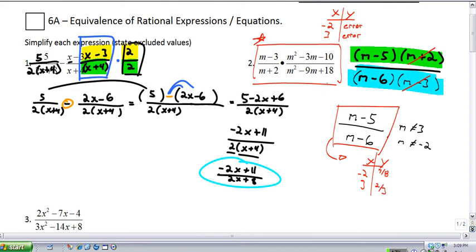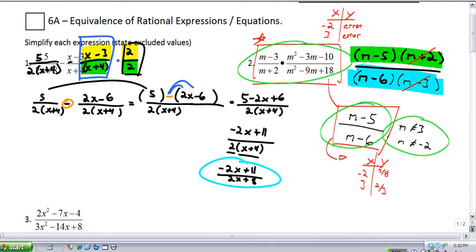Well, these guys can't possibly be the same if they don't produce the same tables, right? Correct. So the only way to say these two things are equivalent is to say they are equivalent as long as m doesn't equal 3 and m doesn't equal -2. If you don't consider those two, they're equivalent.